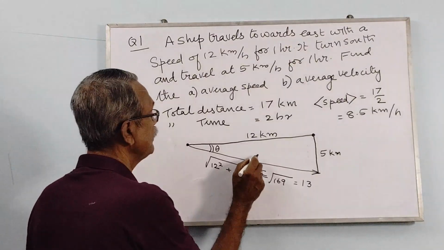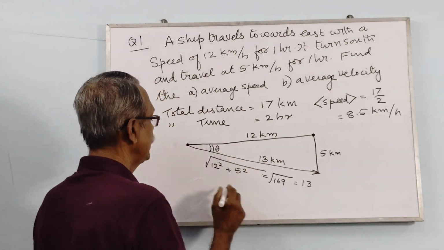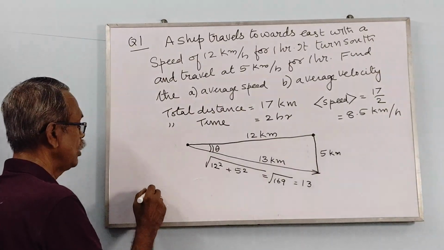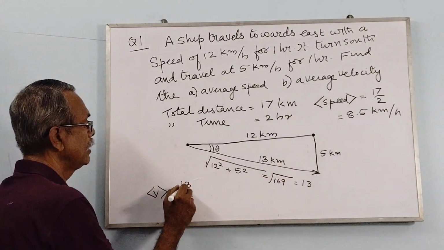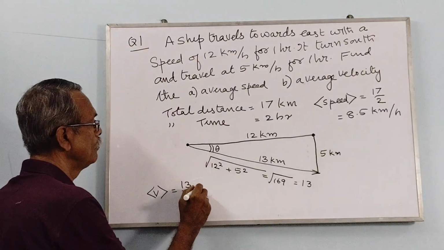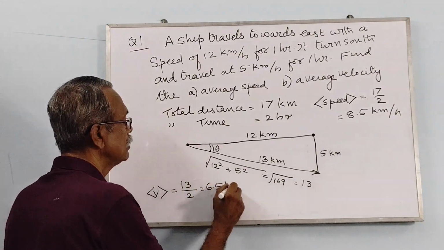So this distance is 13 kilometer, and therefore the average velocity is displacement 13 divided by time 2, that is 6.5 kilometer per hour.